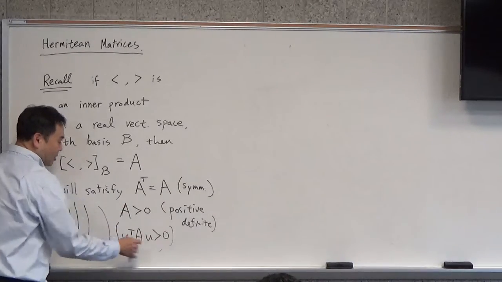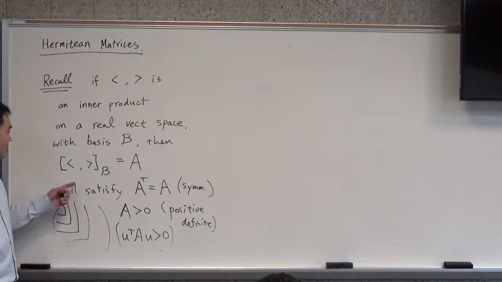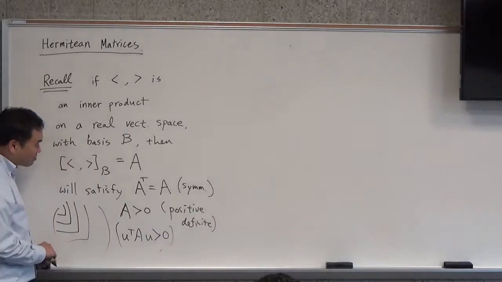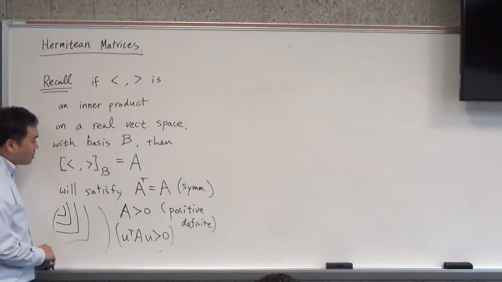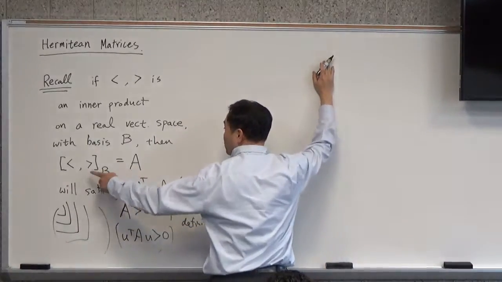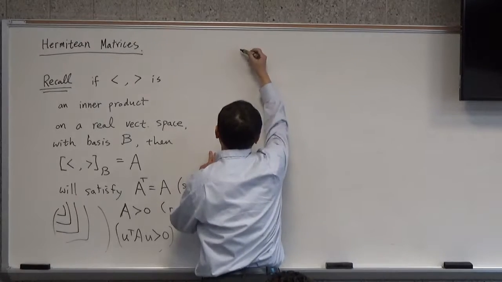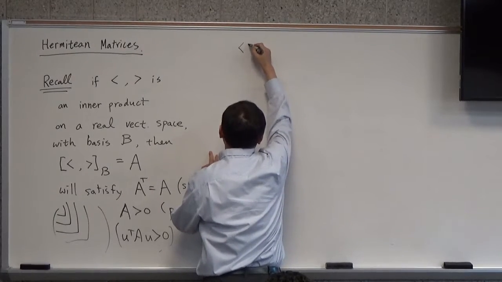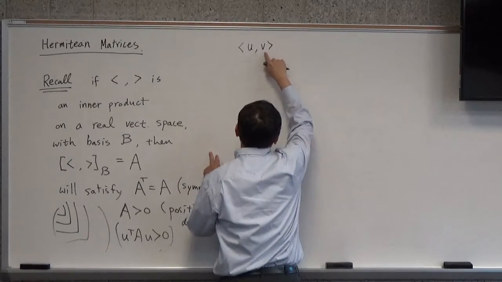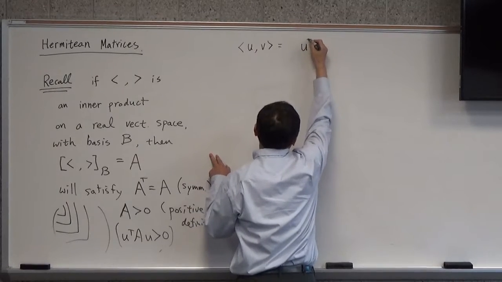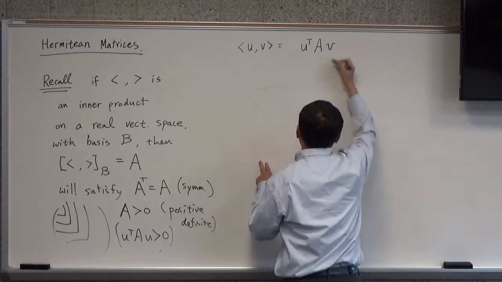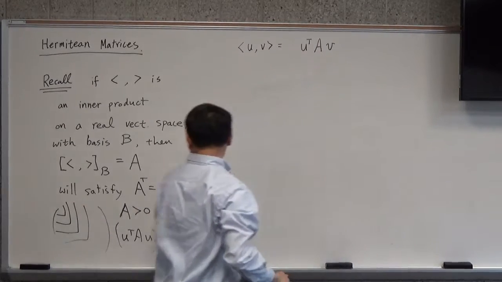I wanted to not say too much, but I guess I end up saying a little bit more. You can use that matrix to represent this inner product as follows. If you have U and V, let's say these are column vectors, then the inner product is the same as calculating U transpose A V. That's the relationship.